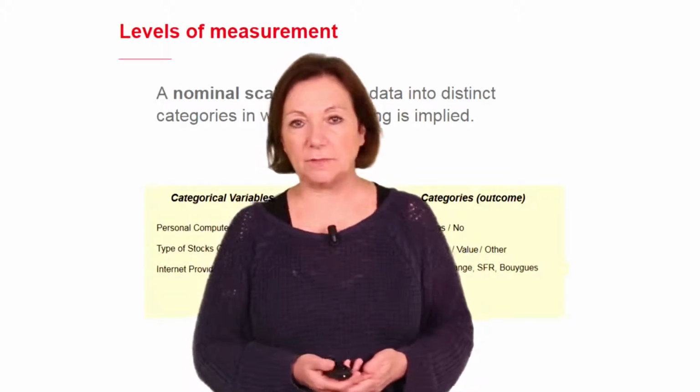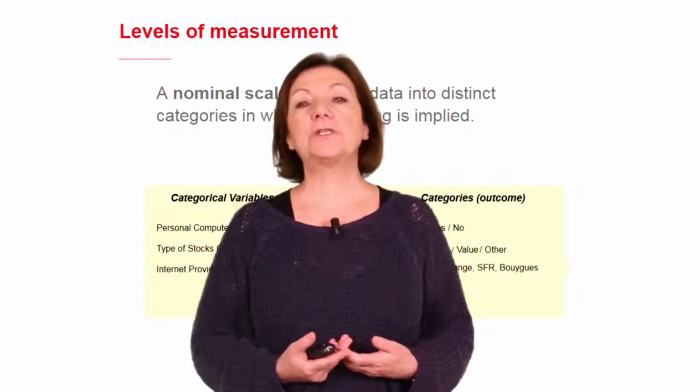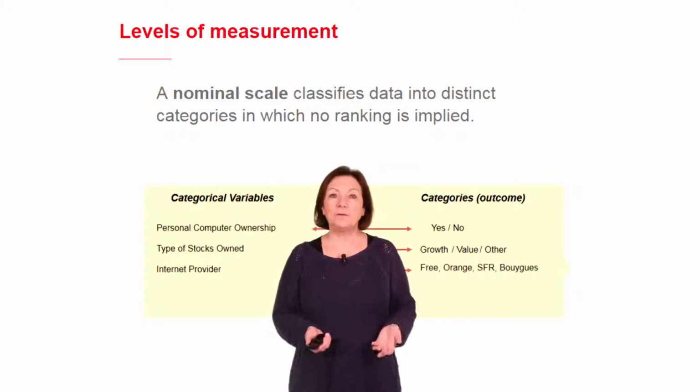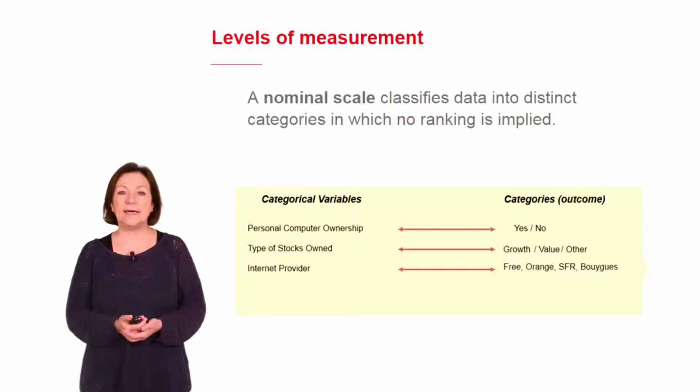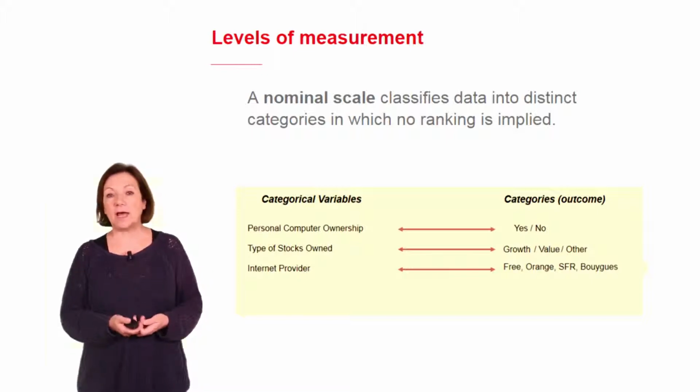Now, let's see in more detail the measurement for the categorical variables. Within categorical variables, we also make a distinction between nominal variables and ordinal variables. A nominal variable will classify the data into distinct categories in which no ranking is implied.